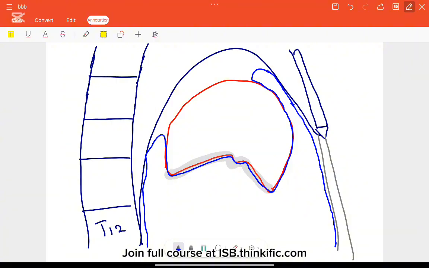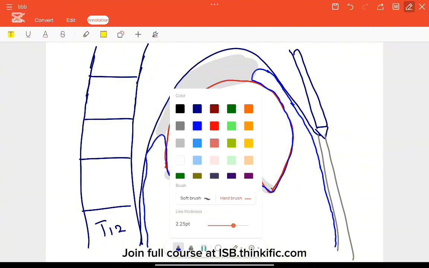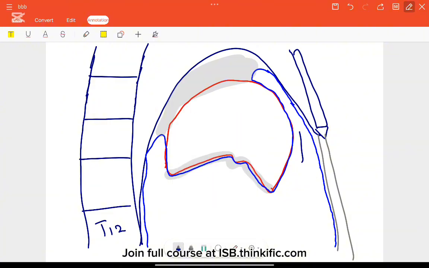Now the thing is that there's an area of the liver which is related to the diaphragm, which is not covered by peritoneum. I'll explain it later, okay? We call this the bare area of the liver. But what I want you to know is that there is a peritoneal pocket or recess between the liver and the diaphragm, right?